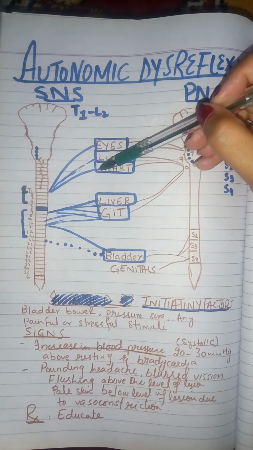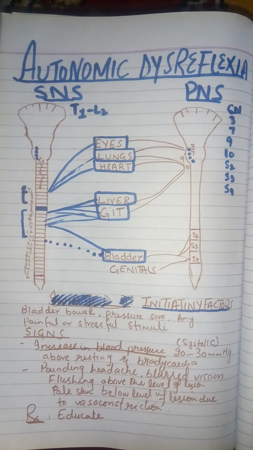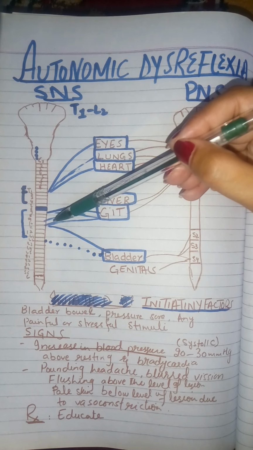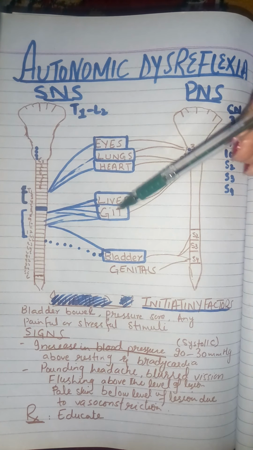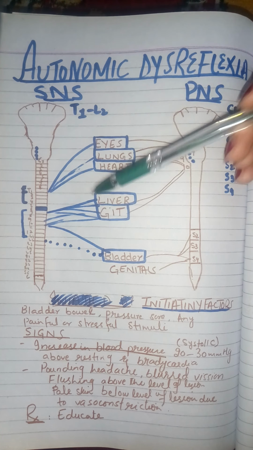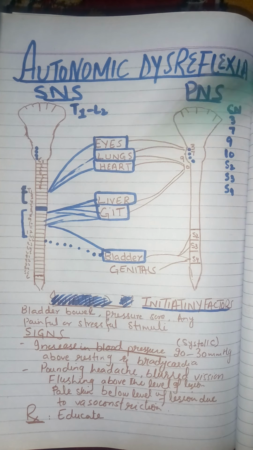It will increase your heart rate so that you have a very nice delivery of blood to your needed muscles. Then it activates the liver for increased synthesis of glucose and all that.